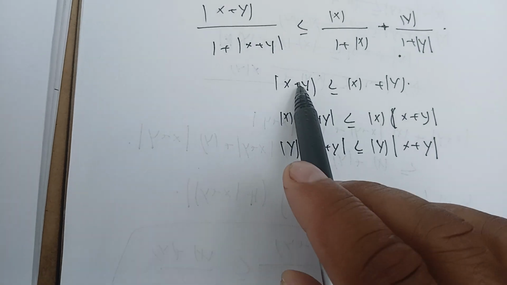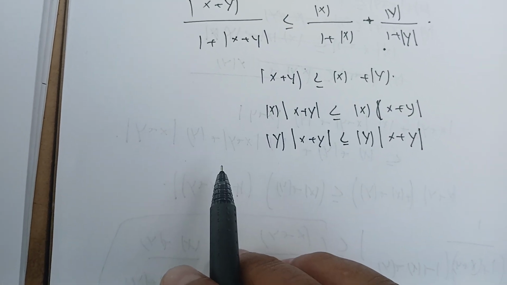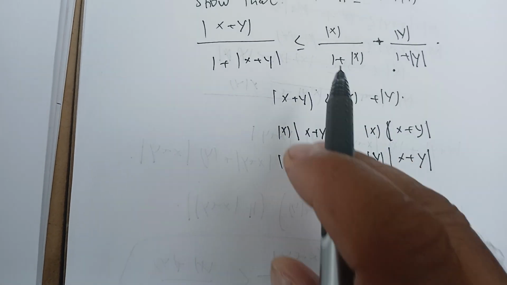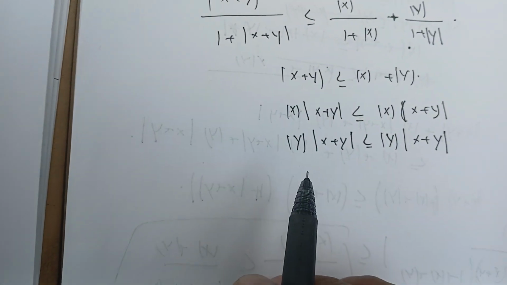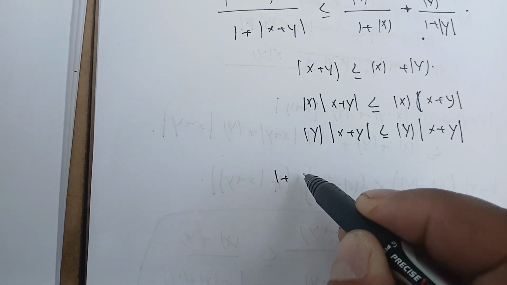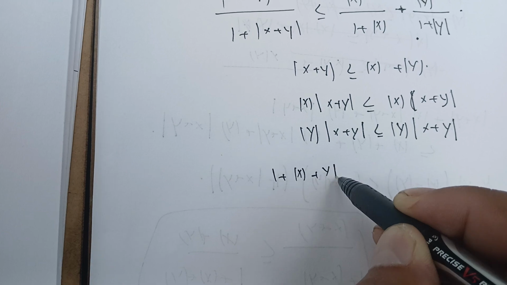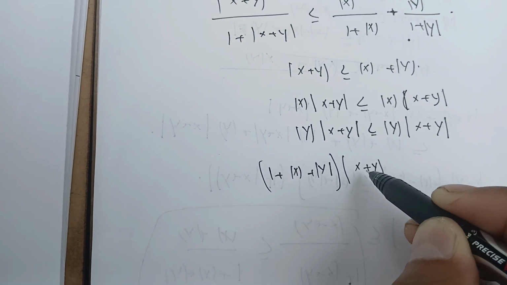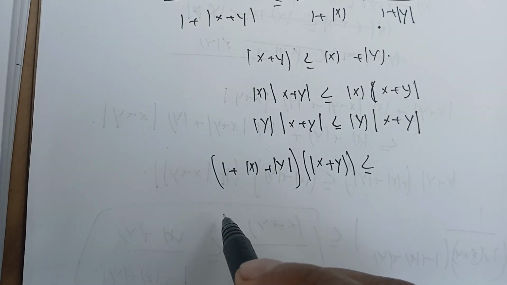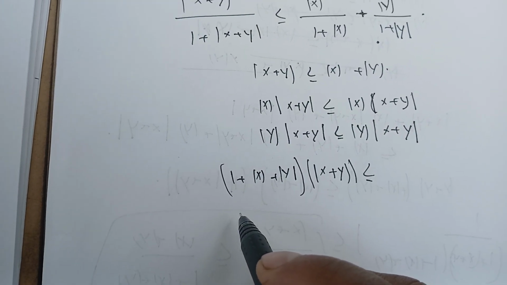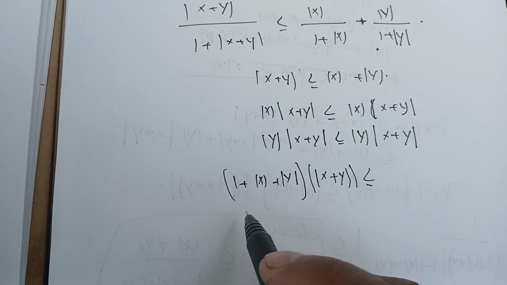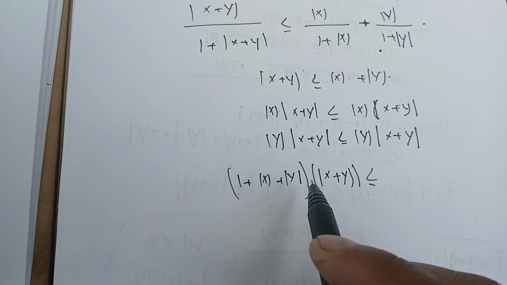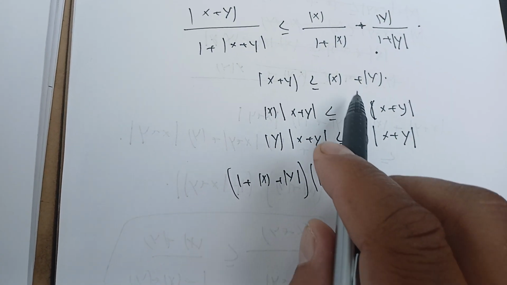Okay, now if we do the addition here on the left side, what do we get? We get 1 plus the absolute value of x plus the absolute value of y times the absolute value of x plus y less than. Here we see that we can have this one.